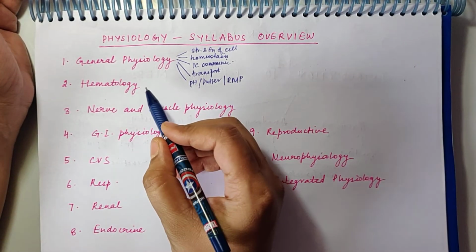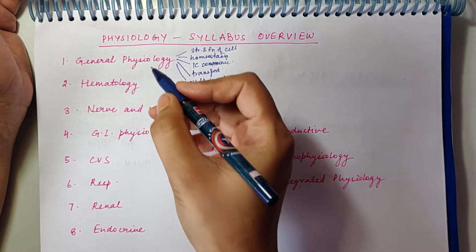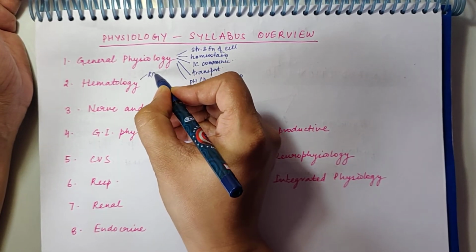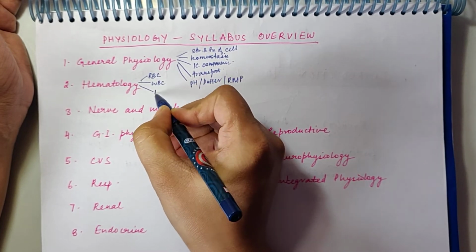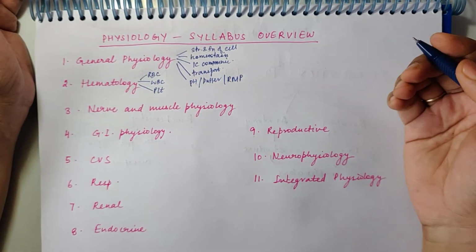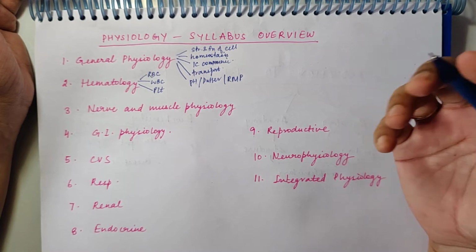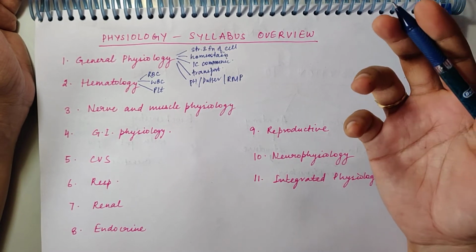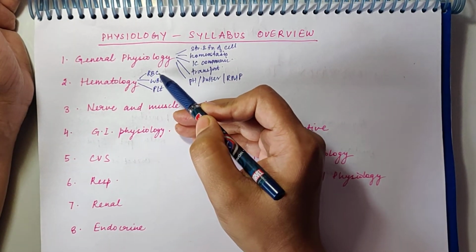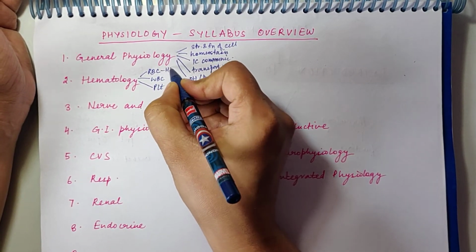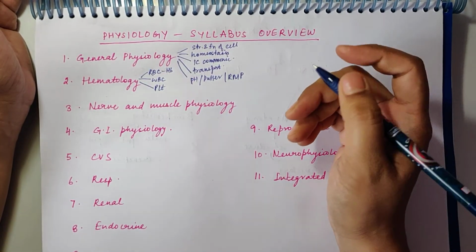Then second, we'll be talking about hematology, in which we'll talk about the three important cell lines, RBC, WBC and platelets, how they are formed, what is their normal function, what is their normal lifespan, and how they go through the system. In RBC, again important will be hemoglobin, and we'll talk in detail about how its metabolism occurs.